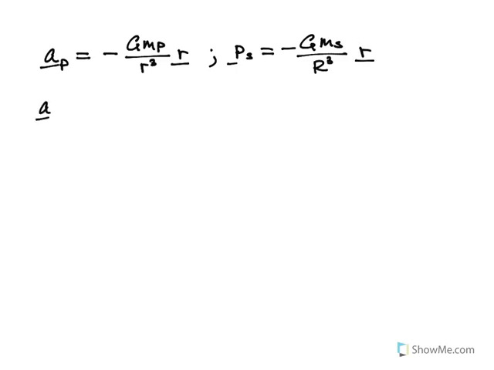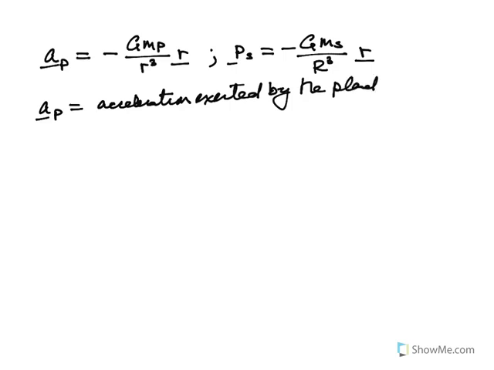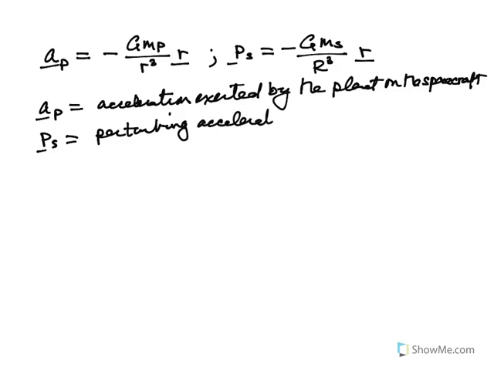Now this first term, a sub p, is equal to the acceleration exerted by the planet on the spacecraft, and p sub s is the perturbing acceleration due to the sun.